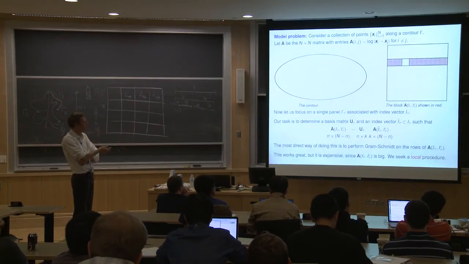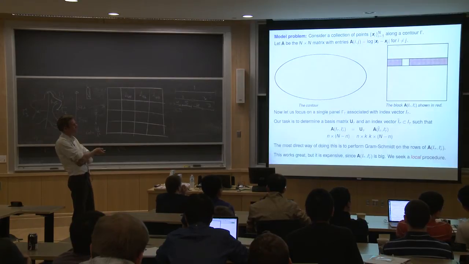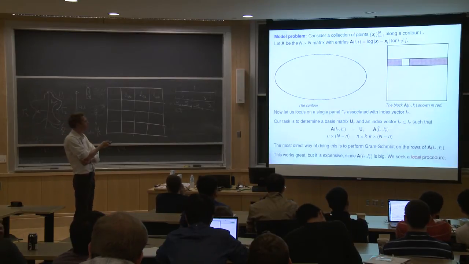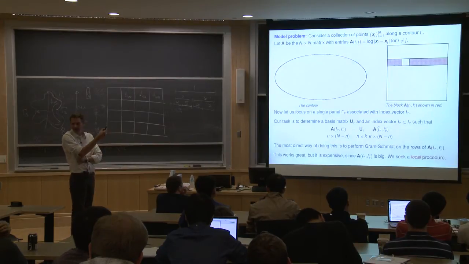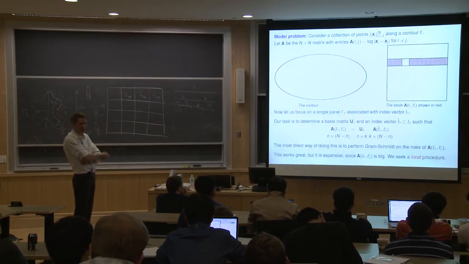Specifically, I want to construct the basis matrix U. Recall that U is an extension operator: if I know the potential at some subselection of these points, I can interpolate it to all the other points.